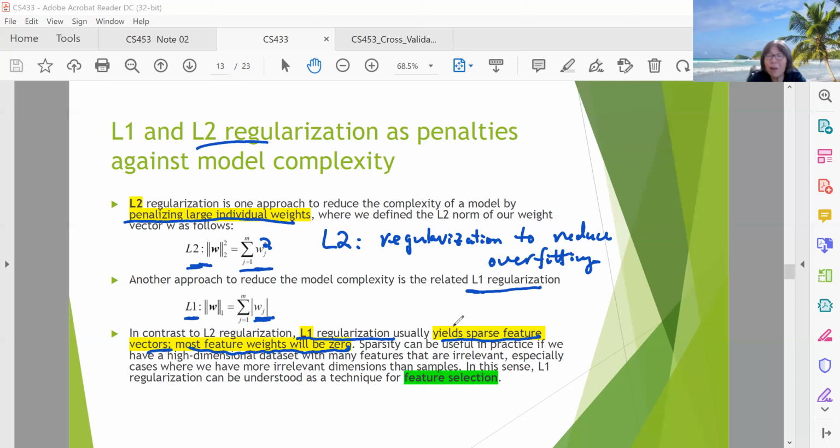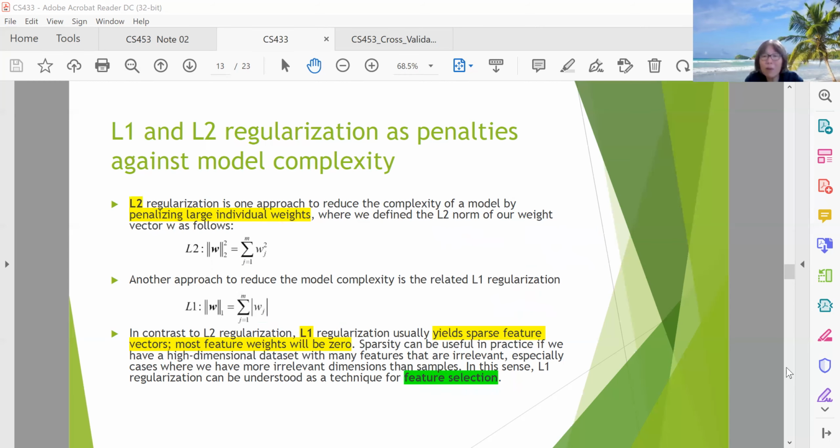So based on this idea, what is it good for? For feature selection. L1, generally speaking, is used for feature selection, because it will lead some feature weights to 0.